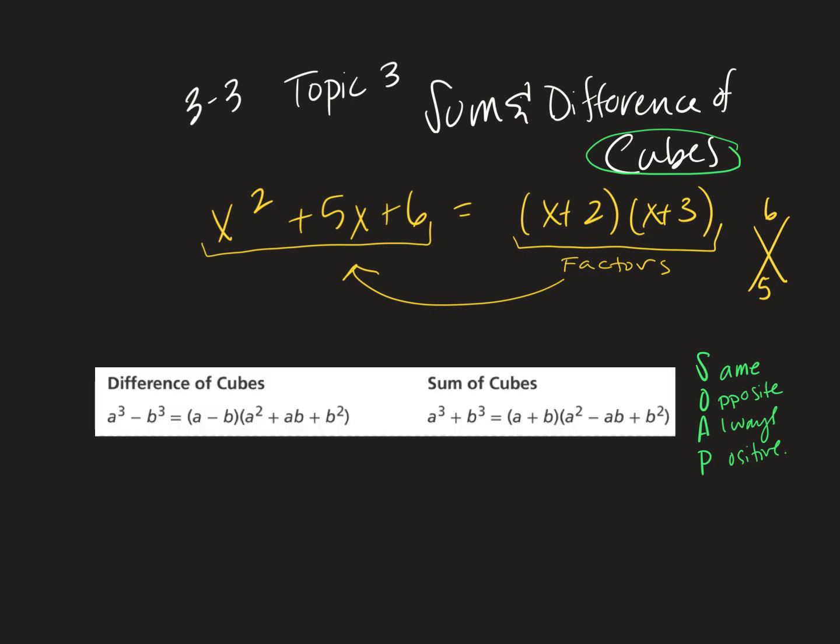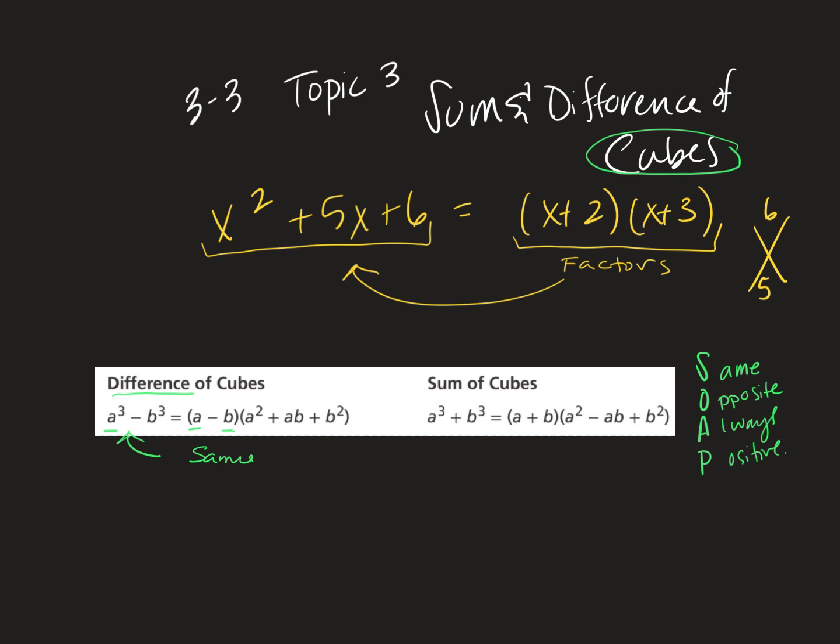Okay, so for our difference of cubes, it's always going to be whatever A is. Here's A. So A minus B. This is my same sign. Same as what? Same as this sign. If this is a difference of cubes, I start with subtraction because it's subtraction, same sign.